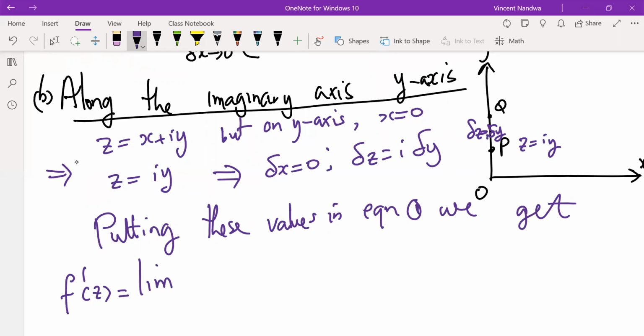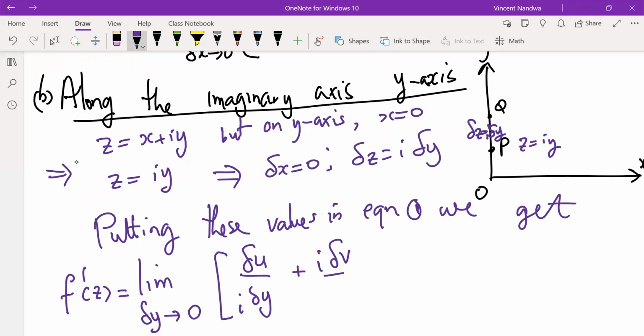Now delta z is the same as i delta y, as delta y approaches 0 of delta u over i delta y plus i delta v over i delta y.